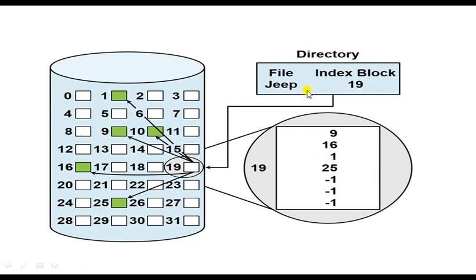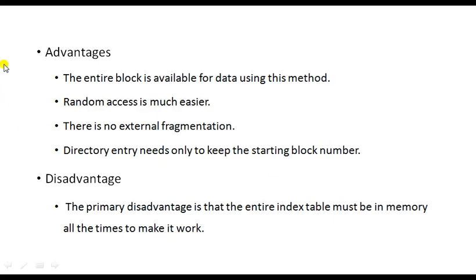Suppose you are generating the file the first time, all these entries are null. If you write something, one block is reserved and that address is recorded here. By using this directory structure having file name and index block, which contains all the block memory addresses, you can directly go to that particular block.